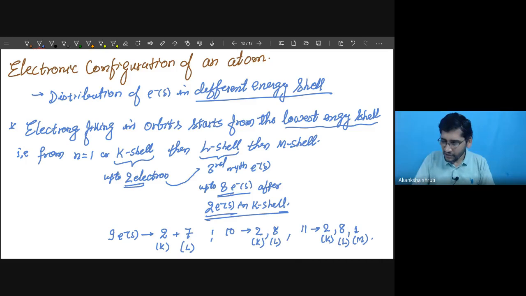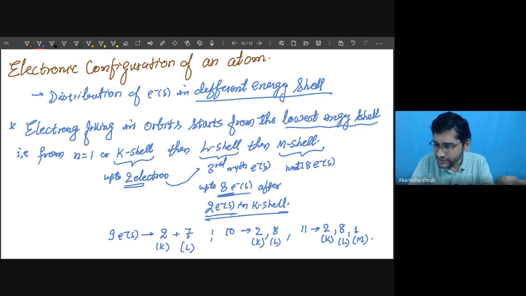So why does K contain 2? The next shell contains 8 electrons. For this, he had given another rule called 2n square. Okay, students? So why does K contain 2, L contain 8, and M, though it can contain 18 electrons, the next 18?